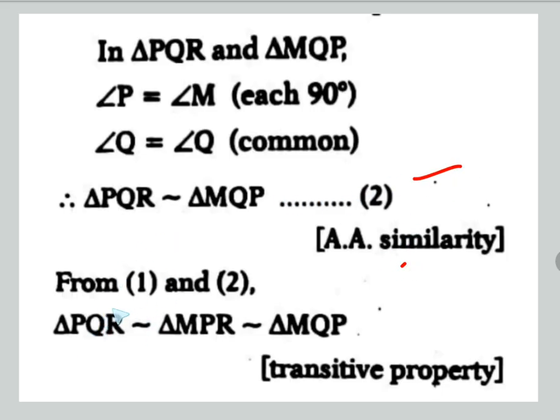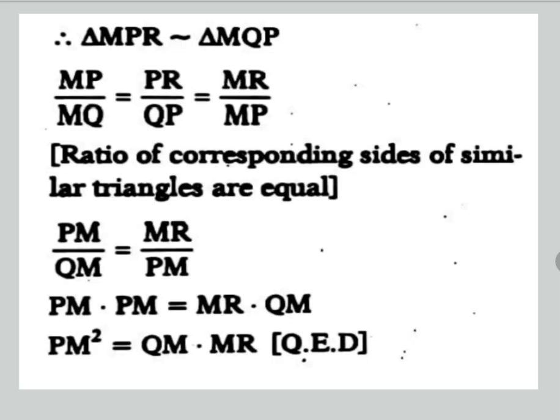From 1 and 2, by the transitive property, these are similar triangles. PQR, MPR and MQP, these three triangles are similar.